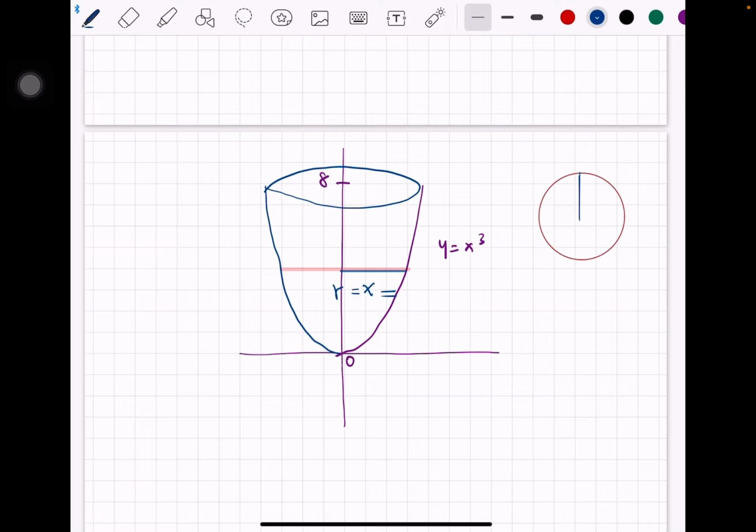That means the thickness of this slice is going to be dy. So we have to rewrite x as a function of y, which is the cube root of y. So the volume is going to be the integral from 0 to 8 of pi r squared, but this time r is going to be x, and it's going to be dy.